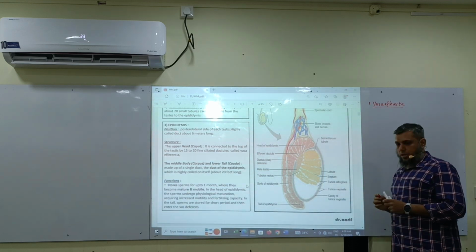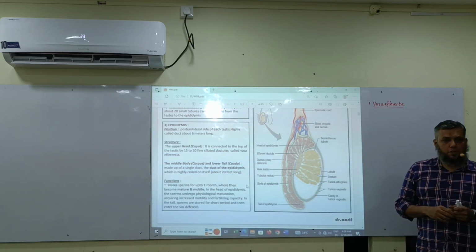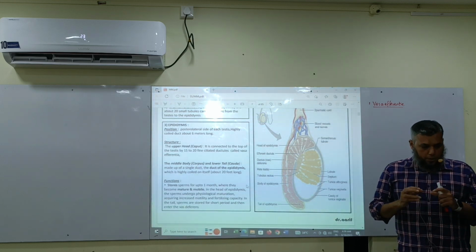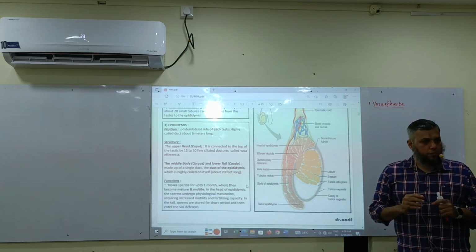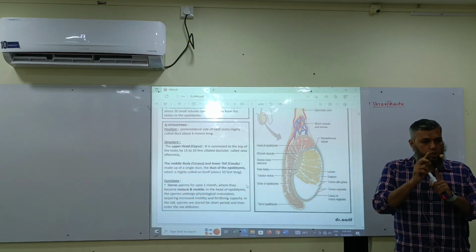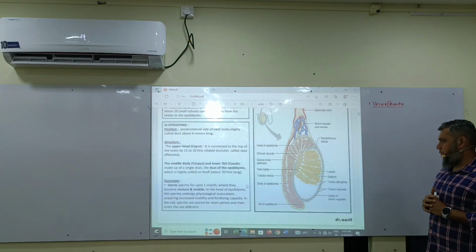In yesterday's lecture, I discussed the vasa efferentia. You remember? Many seminiferous tubules join together to form the rete testis, and the rete testis forms the vasa efferentia, which pass through the albuginea and open into the epididymis.